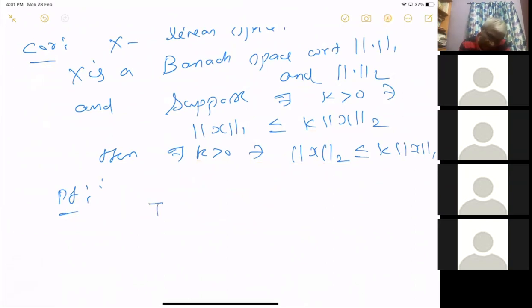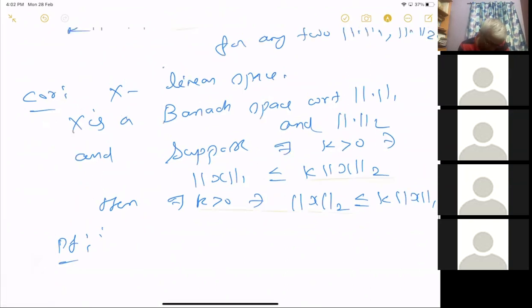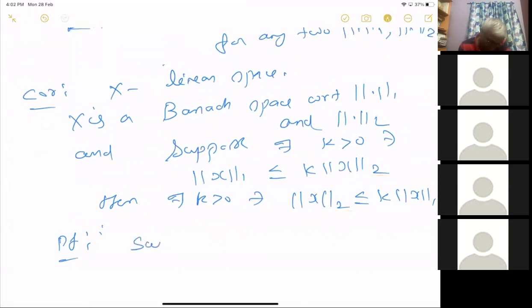Suppose there exists a k such that norm x1 is less than or equal to k times norm x2.